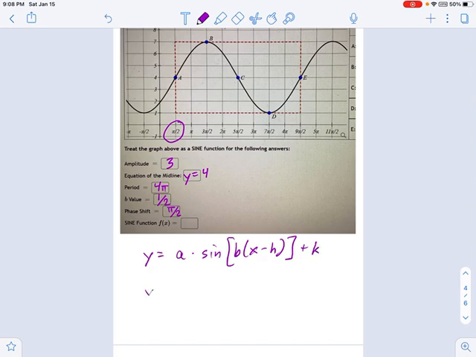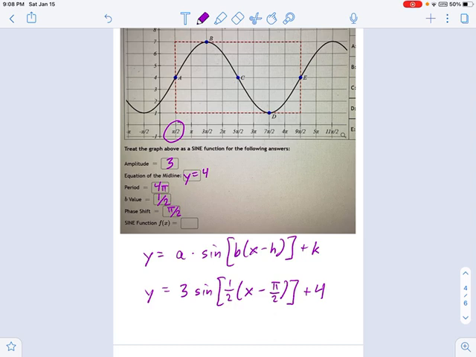So this becomes y equals 3 sine of, the b value is 1/2, 1/2 times x minus, the phase shift is pi over 2, plus 4. So take a look at those components, see if those make sense to you. Pay special attention to the phase shift and the sign, the plus or minus sign of the phase shift. And you should have it.